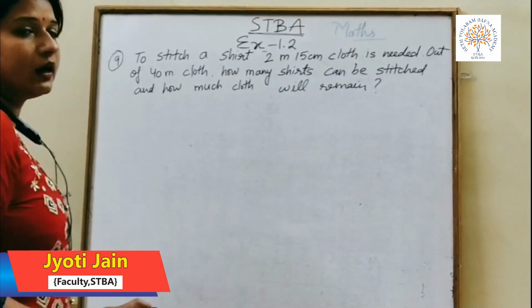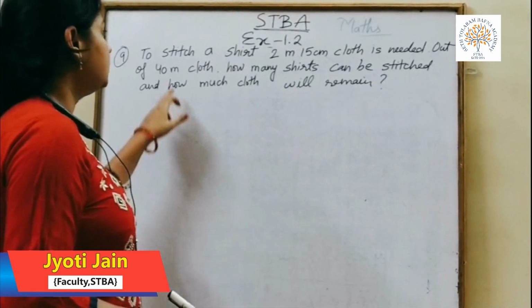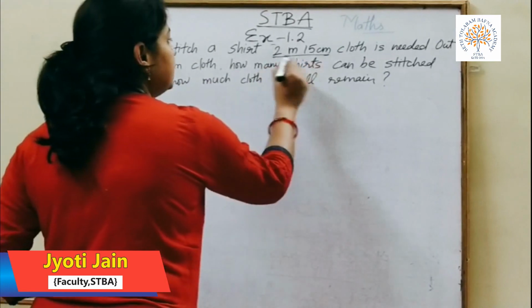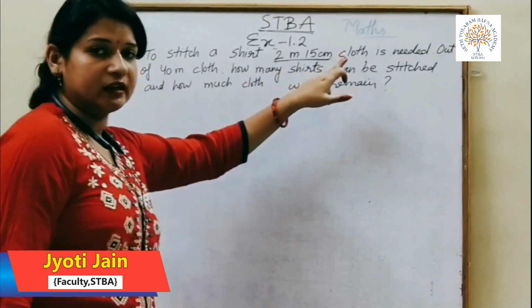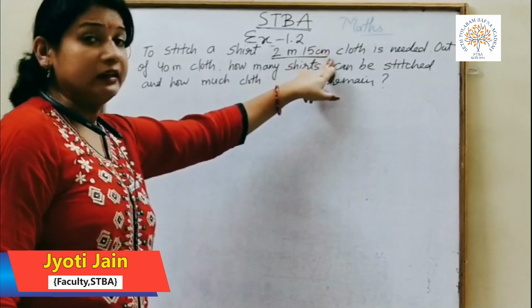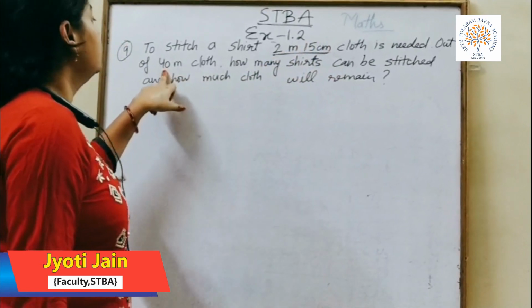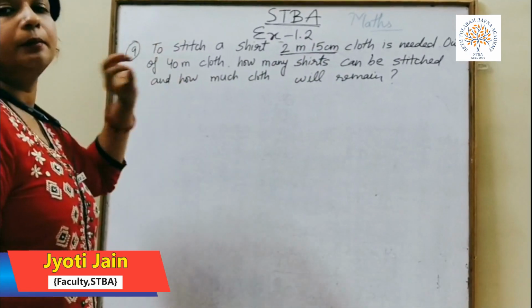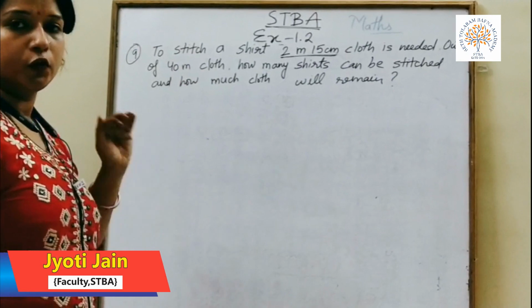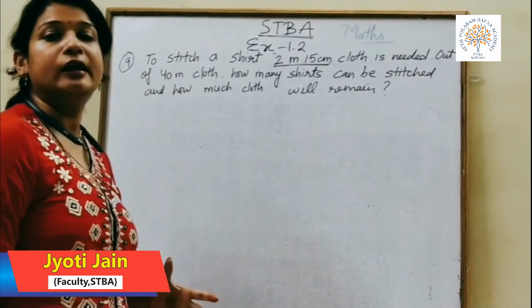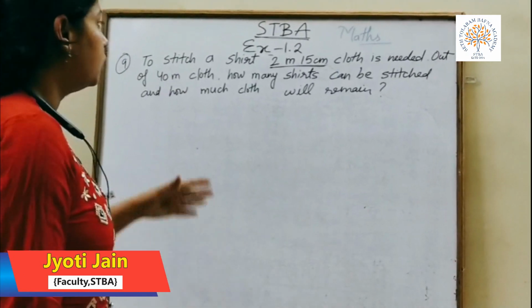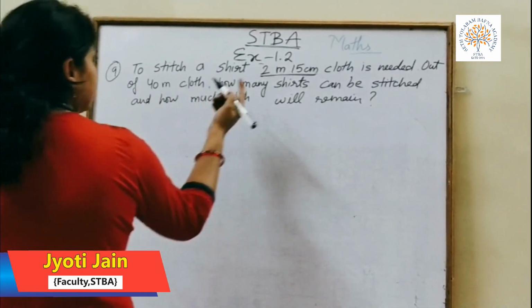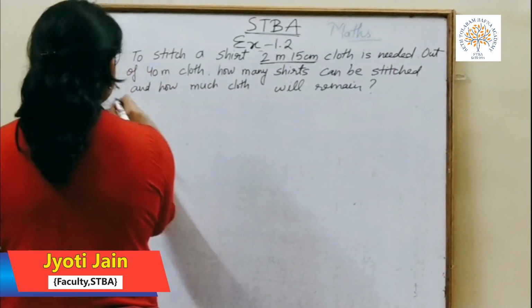So remember this class, before doing any calculation you can see here that this one is in meter and in centimeter, and total cloth is in meter. So first of all, before doing any calculation, we have to convert it into the same unit. So we will convert the meter into centimeter.